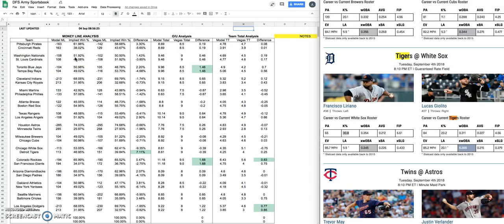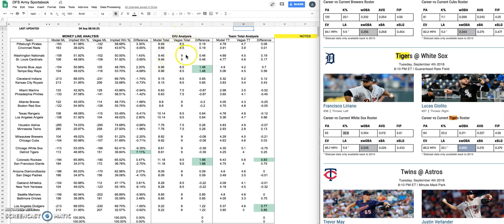The Nationals' implied win percentage is roughly 52%, and Vegas is saying 50%. This translates to a money line of minus 102, and the model translates to a money line of minus 108. There's absolutely no edge here. The model is agreeing with Vegas, so we move on to the totals.